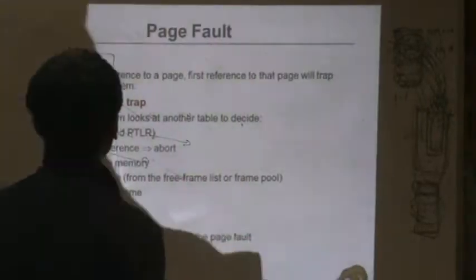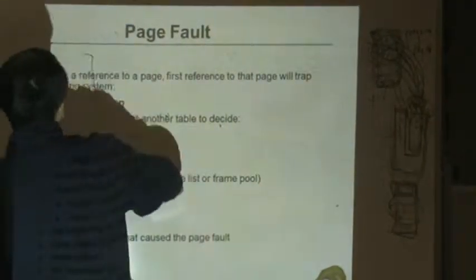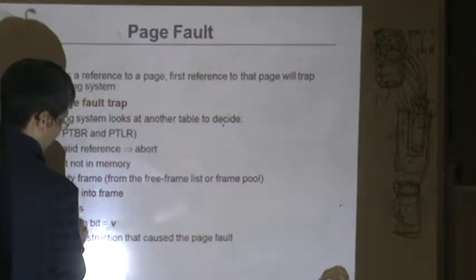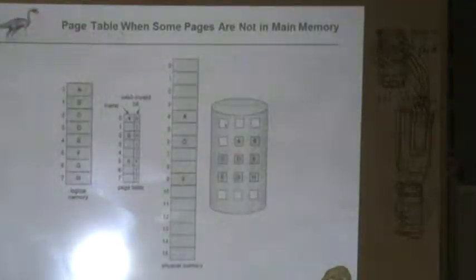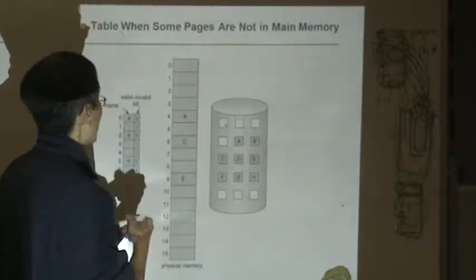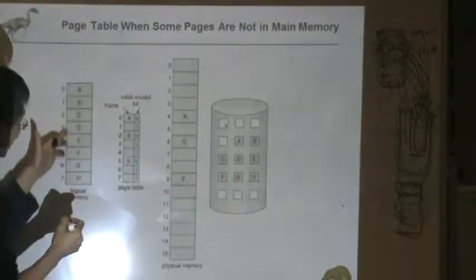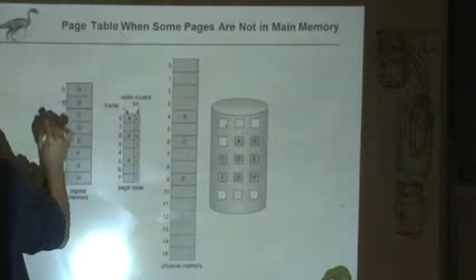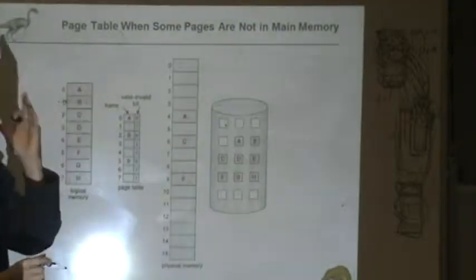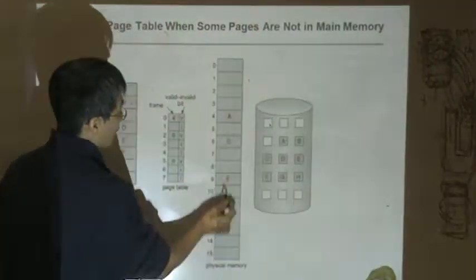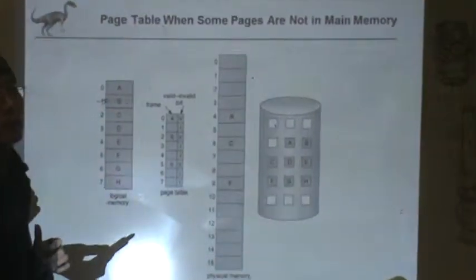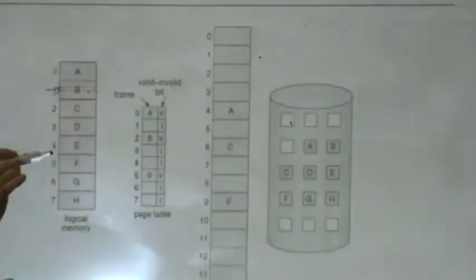So what is a page fault for? When the CPU would like to access a logical address, for example an instruction in page 1, can you find such a page over here? No, you cannot find B. At that time, that is called a page fault.